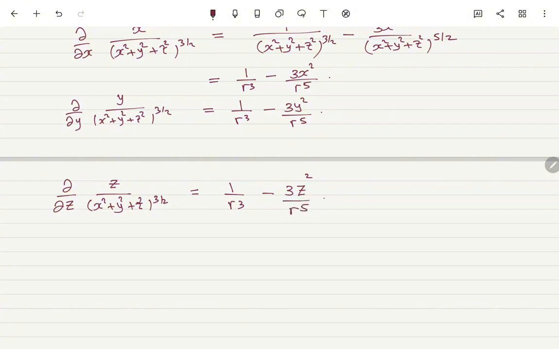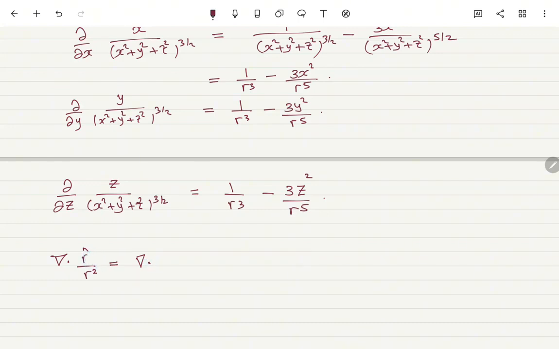Now upon adding this one with this one and this one here, the result will be the divergence of r hat over r².